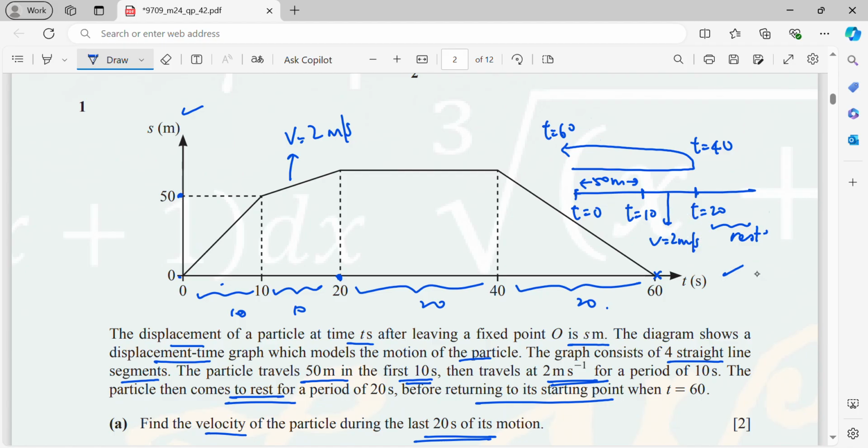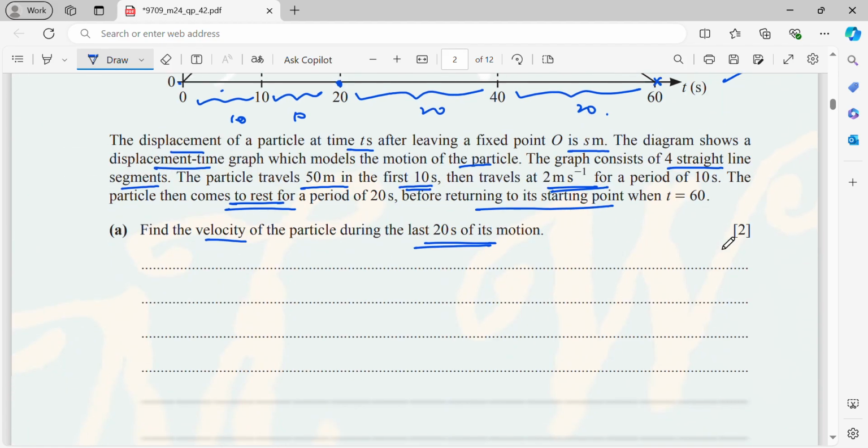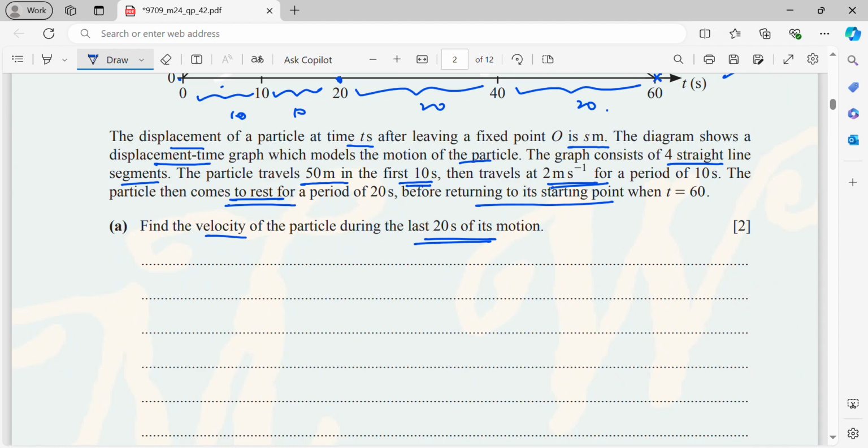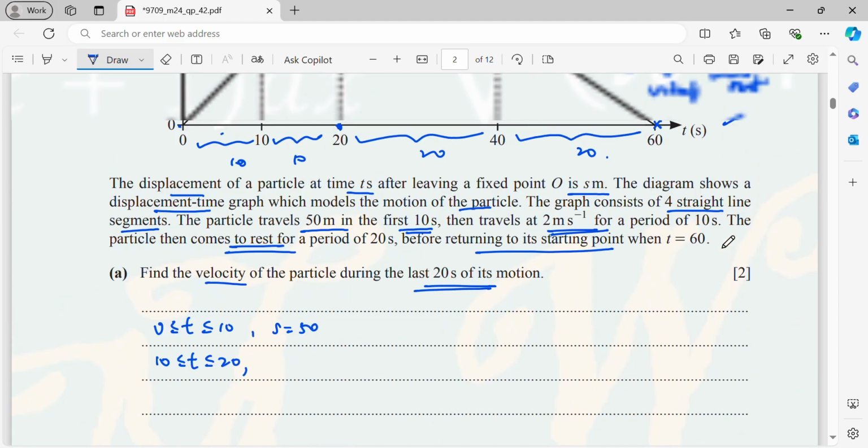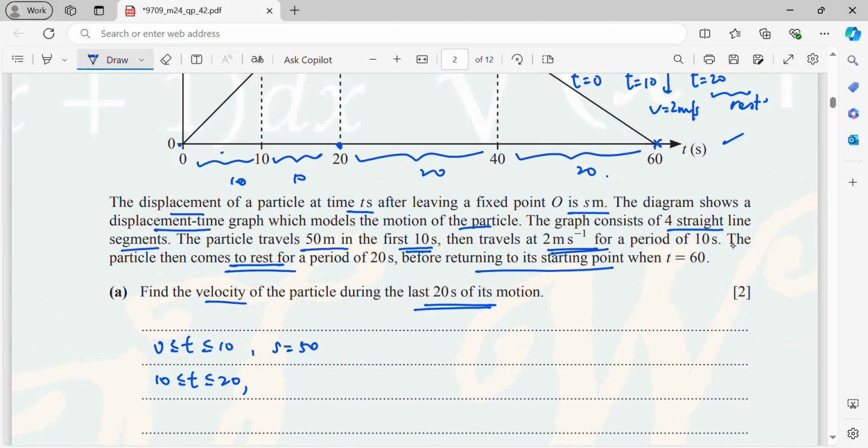So what is the displacement that the particle has traveled for the first 20 seconds? So first 10 seconds, it will be 50. So I will write here from 0 to 10 seconds, the s is 50. Now from 10 to 20 seconds, given the velocity is 2, so now my s equals ut.